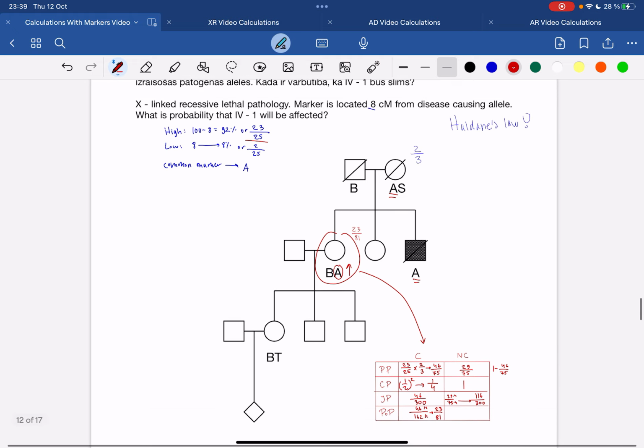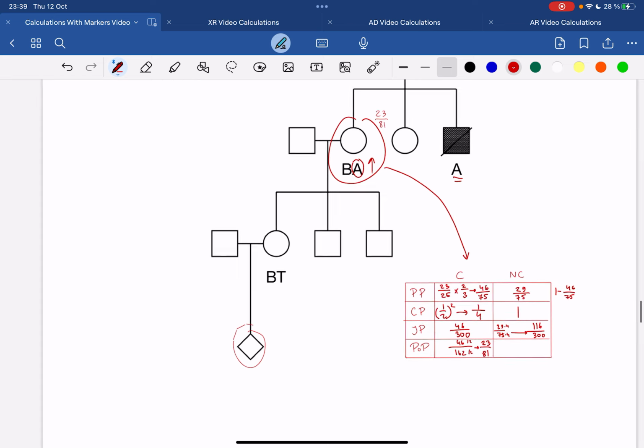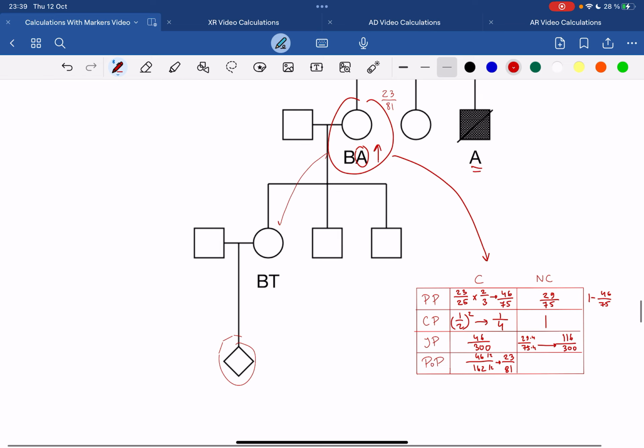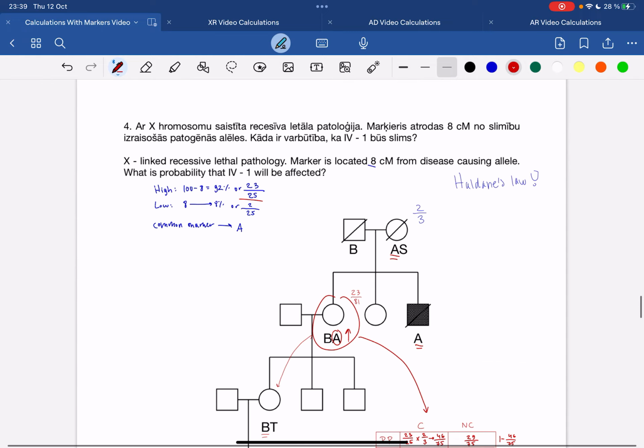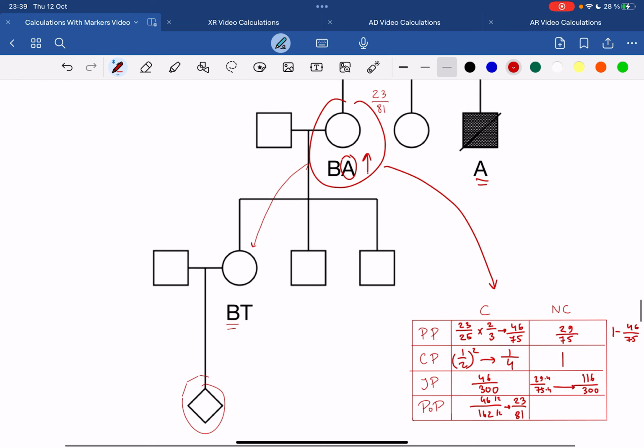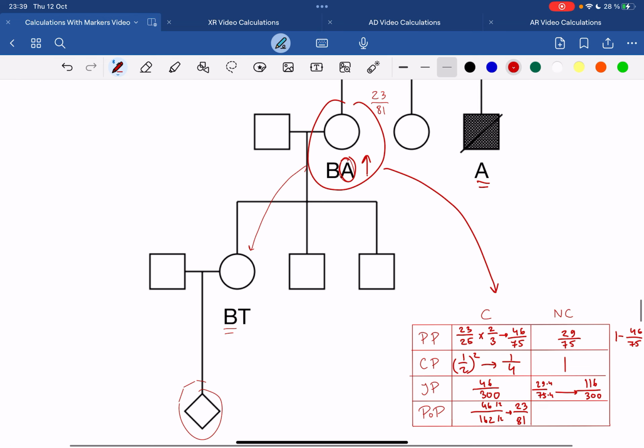Now we're asking what is the chance for 4-1 to be affected. So let's go down right here. This person hasn't gotten the common pathological marker from their mom, because the common pathological marker is A. So she will have a low risk. Why?